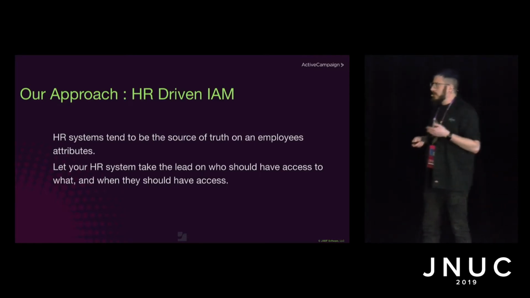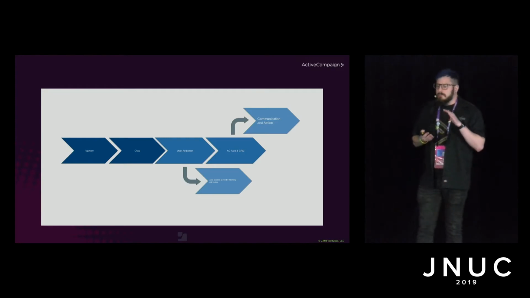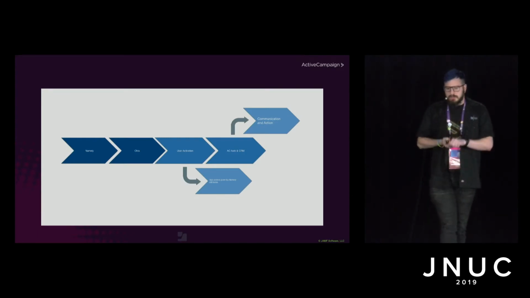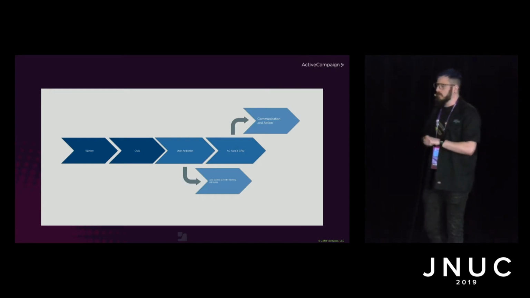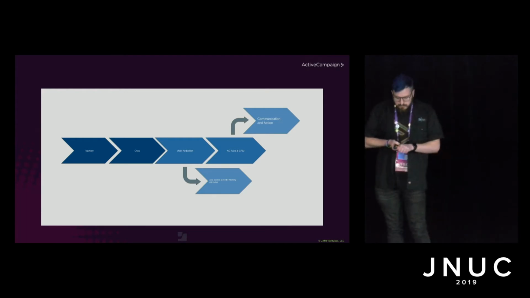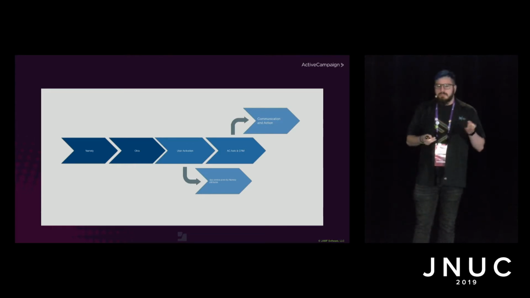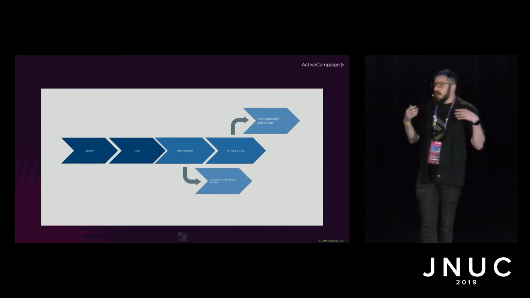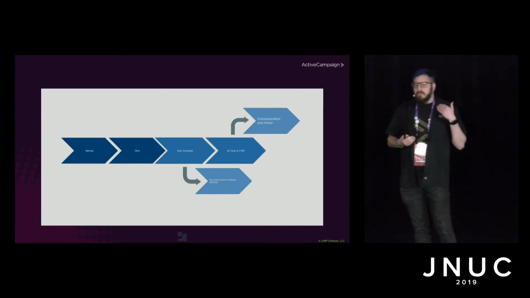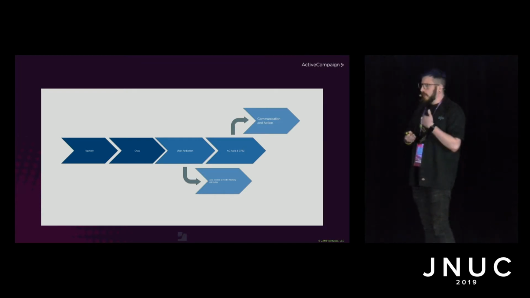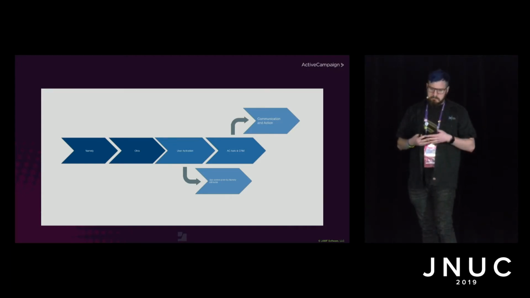The reason why I bring this up, though, is that this piece was very crucial for what this workflow was. So we use Namely at ActiveCampaign, and there's a native integration between Namely and Okta. From there, we started activating the user activations part of Okta, and immediately started building out Active Directory as a part of this, since that did not yet exist.